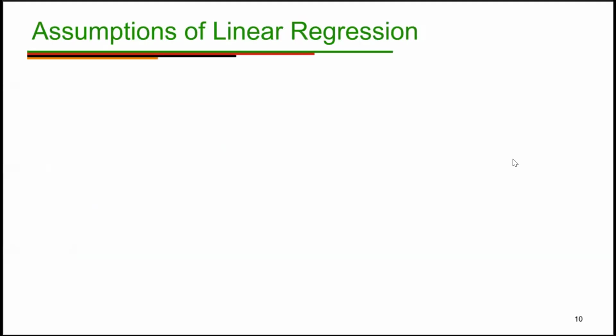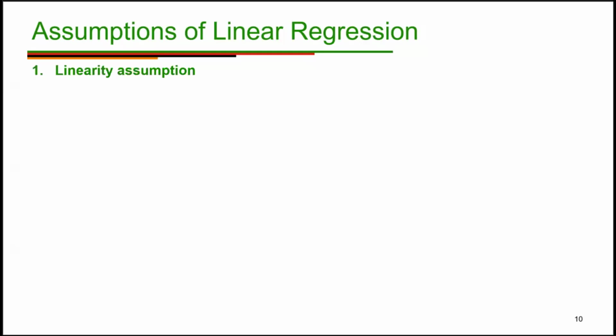The number one assumption is that data must follow linearity. Okay, so the relationship between X and the mean should be linear. Good, thanks for that.